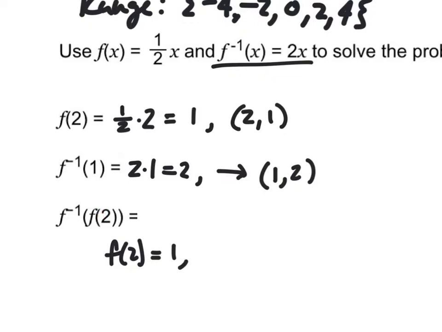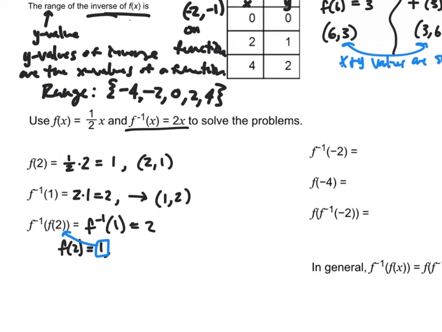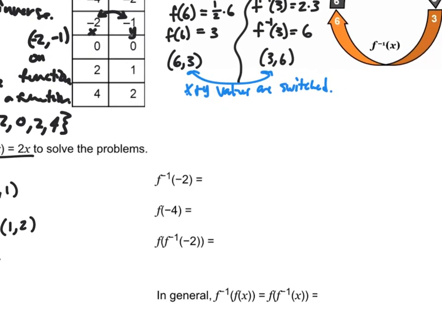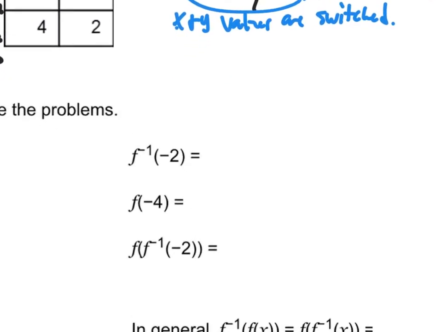And so then, if I take 1 and plug it into my inverse function, then I'm going to get f inverse of 1, which we know to give us 2. So here's the kind of thing that I'm noticing here. And let's go ahead and do this.